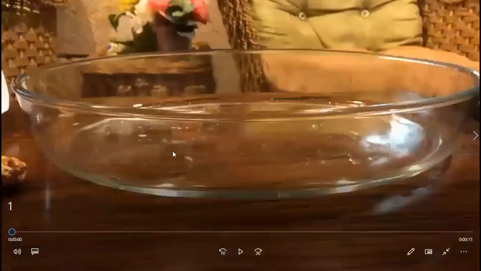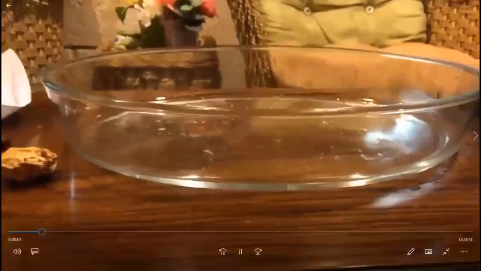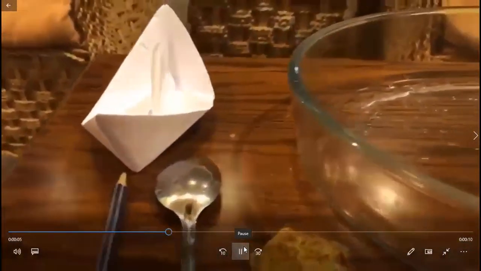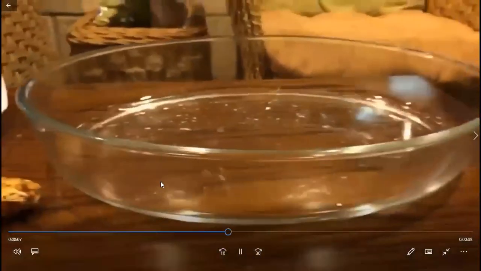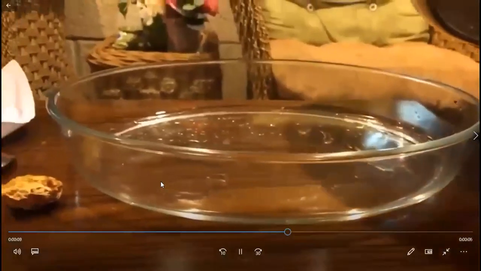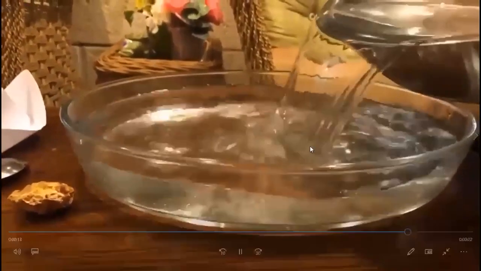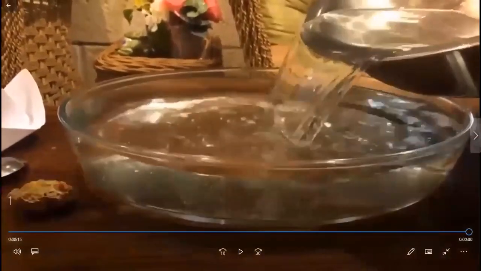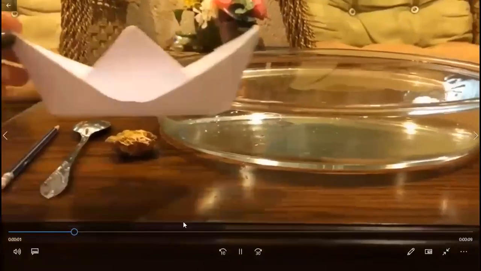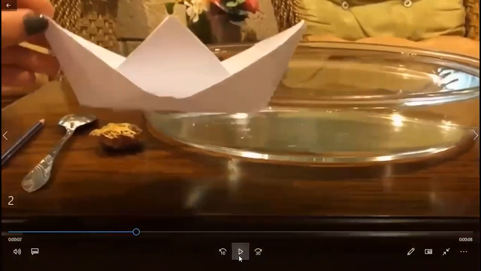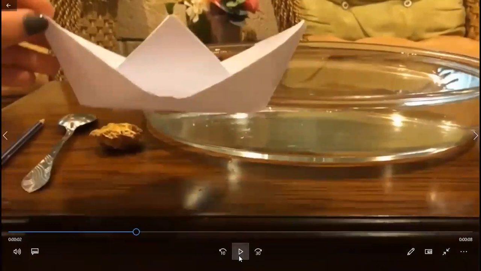In this experiment, first we need a big container of water and some objects to put in the water. Now we will fill the container with water, okay? Here we have a paper boat.